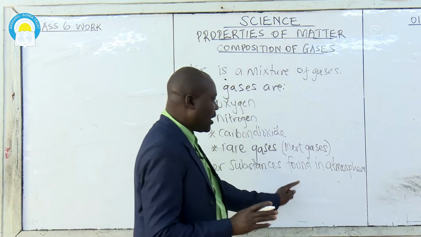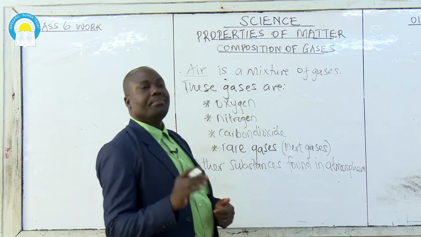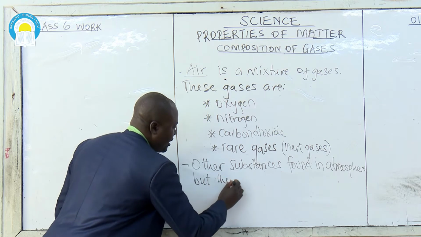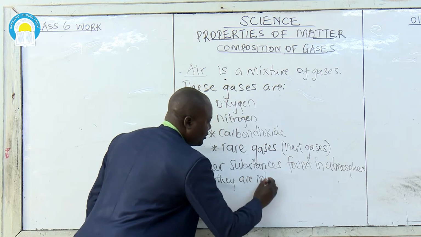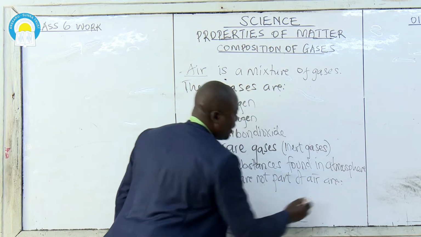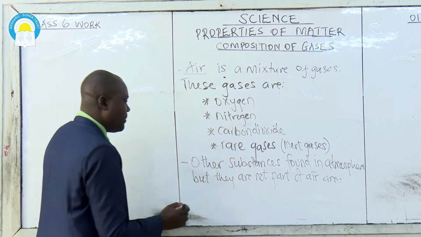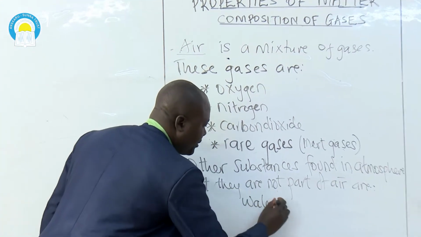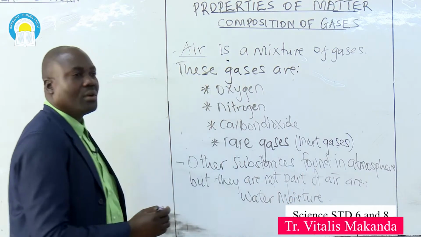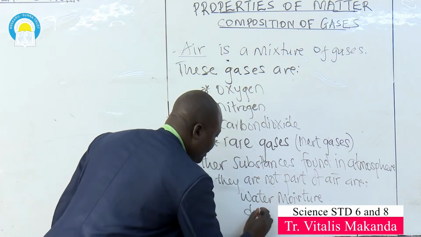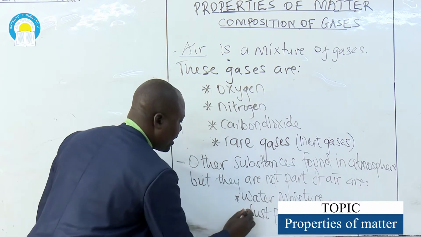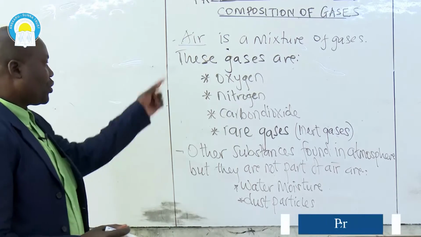Other substances found in the atmosphere, but not part of air, are, one, water moisture. Also, we have dust particles. So those are the things that we can find in the atmosphere.